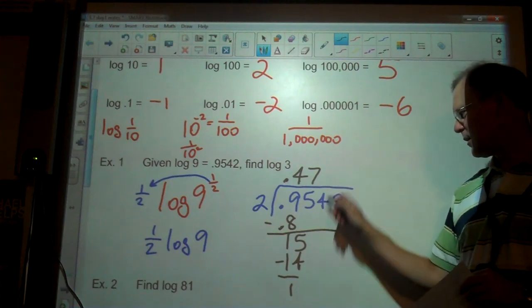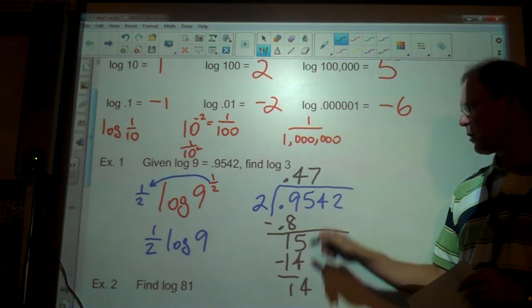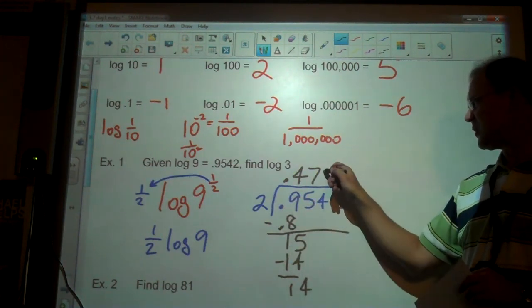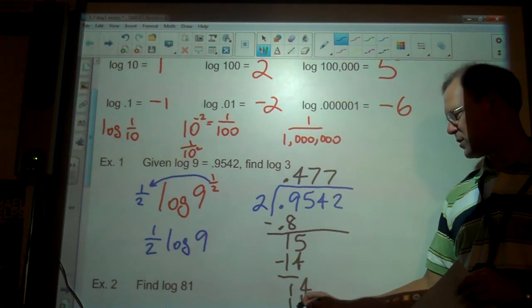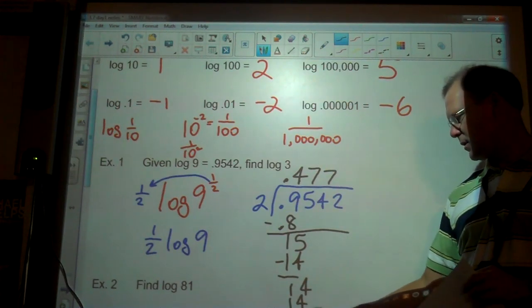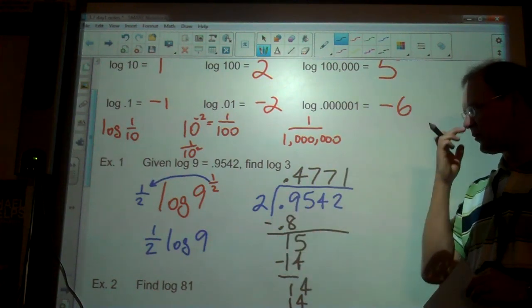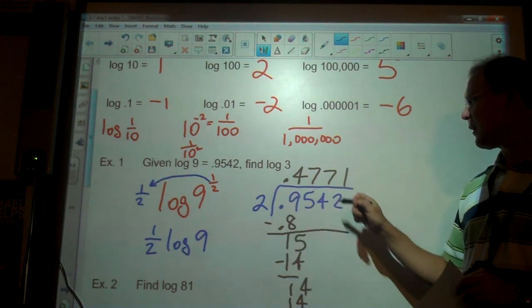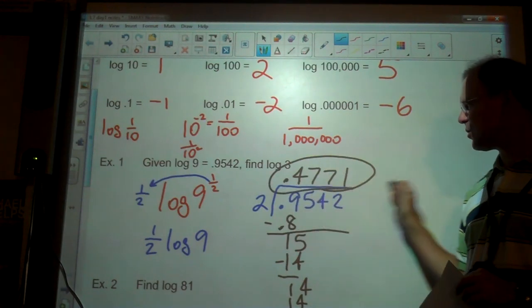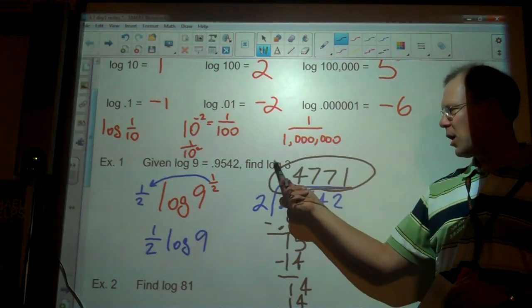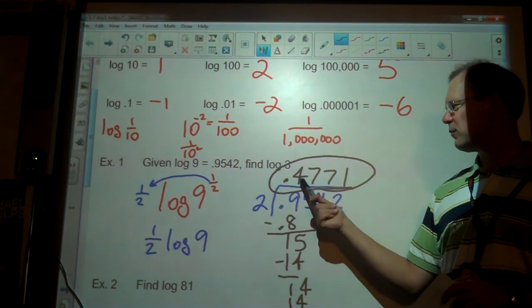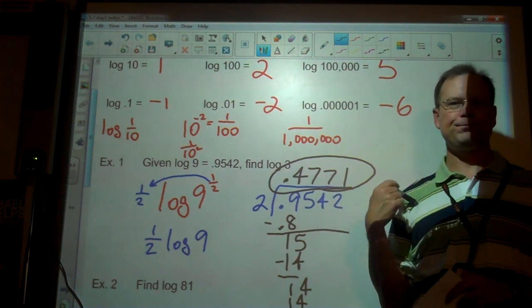Subtract, bring down the 4, 2 goes into 14, exactly 7 times. And then 2 goes into that last 2 once. Okay, so here's our answer. The log of 3 is 0.4771.